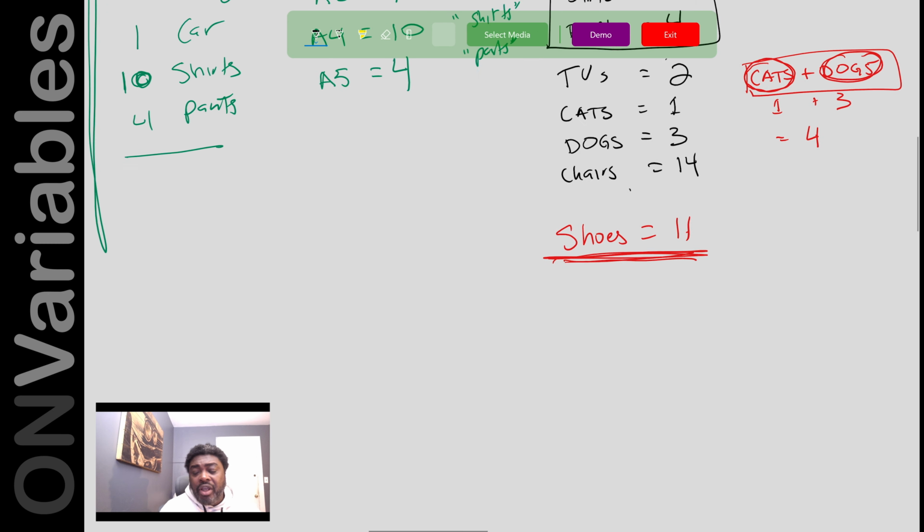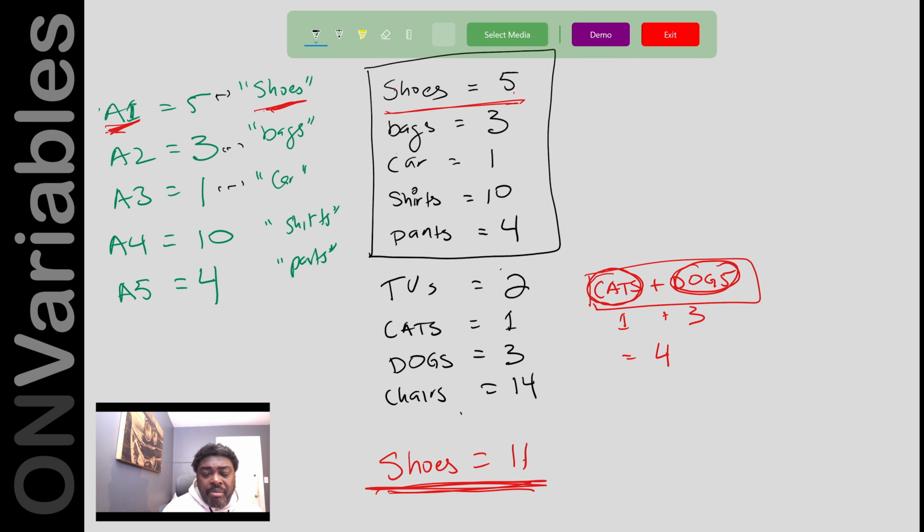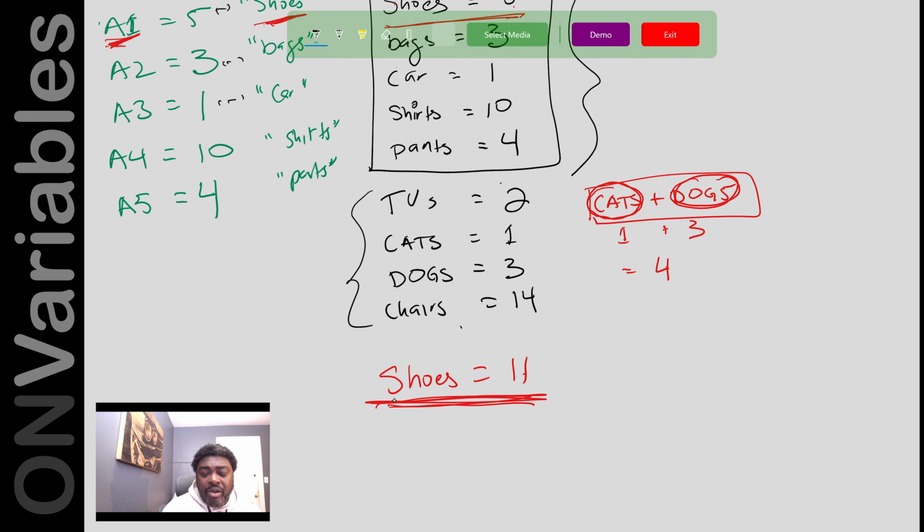Because again, if you look here in this program, say I programmed this, I sent these various messages in, and then somebody else sent these various messages in, and then a final person came in and sent this shoes equal 11.